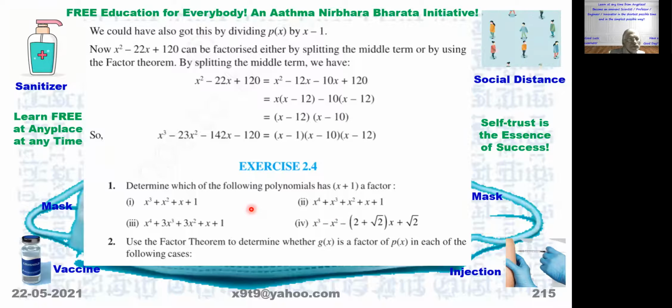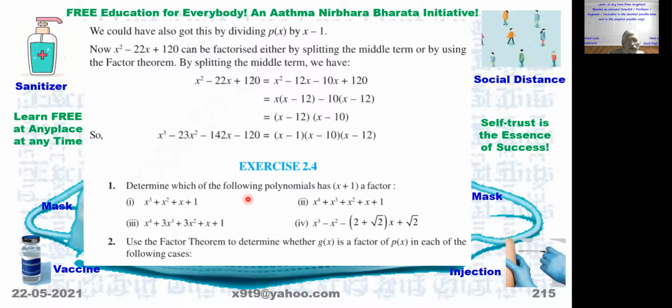It can be done either by long division, dividing this by this one, or equating x plus 1 equal to 0, so x equal to minus 1, and substituting here x is equal to minus 1, simplifying, determining whether the answer is 0 or not. If we substitute x is equal to minus 1 and simplify, and this polynomial value becomes 0, then x plus 1 is a factor.